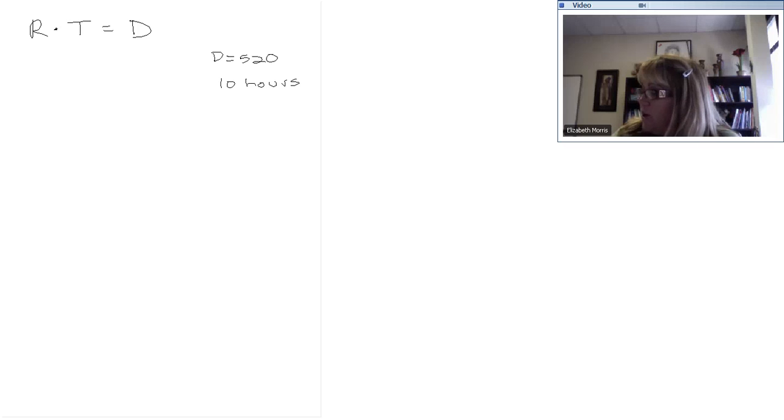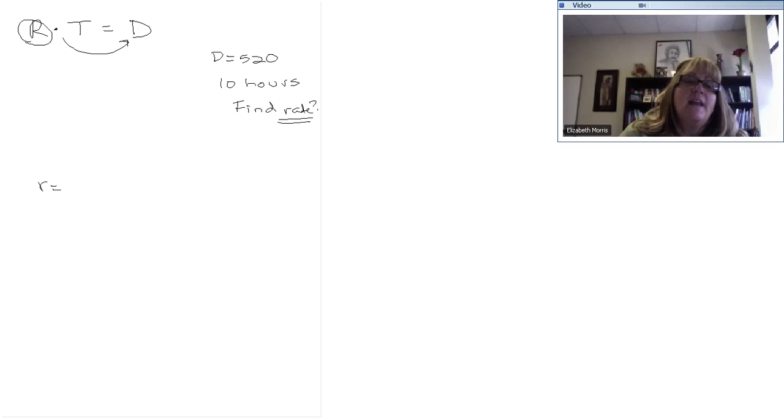They want to know, find the rate. They want to know what rate equals. All right, right now I don't have R equals. I have D equals. So if I could move this T over, I'd have R equals, and then I'd know what to do. Well, this T is being multiplied, so I have to divide.